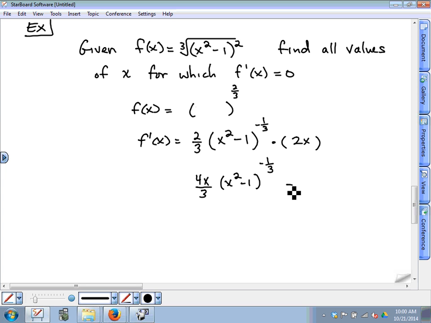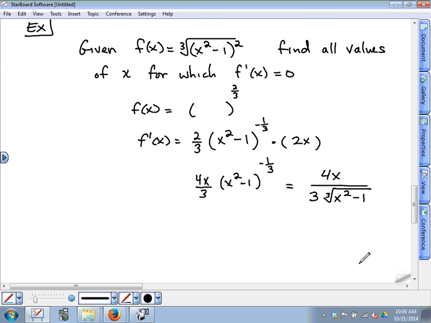The cube root is going to be on the bottom, but it's not a 1 on top. It's 4x over 3 times the cube root of x squared minus 1.